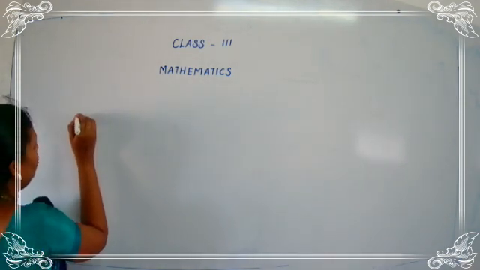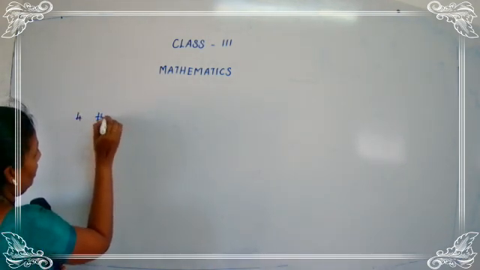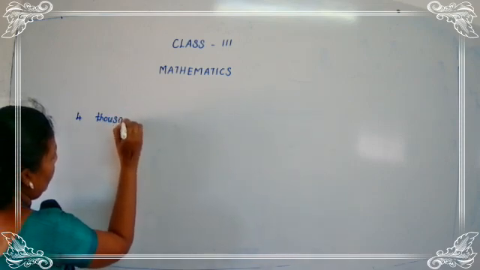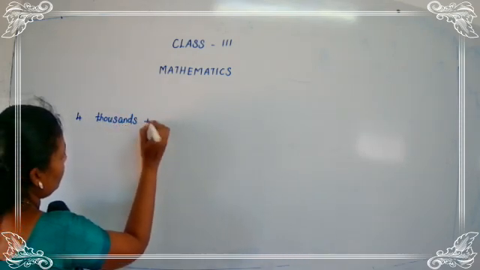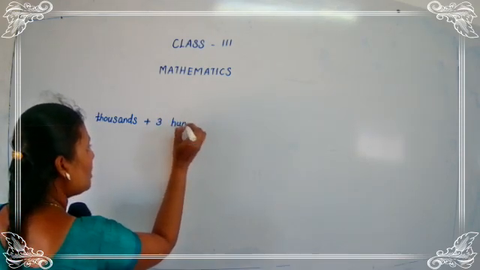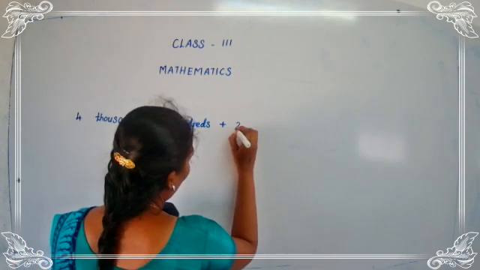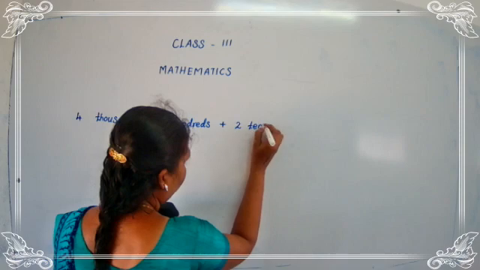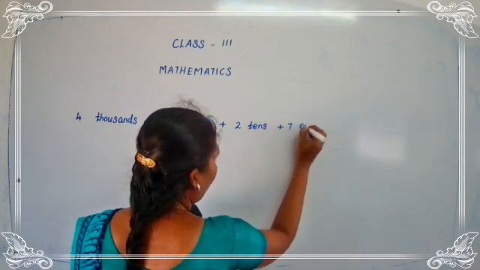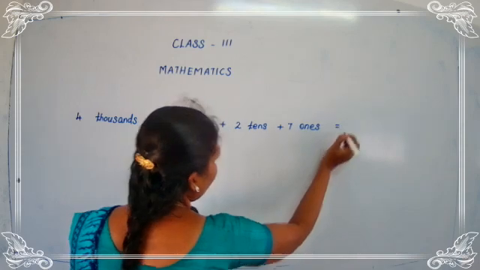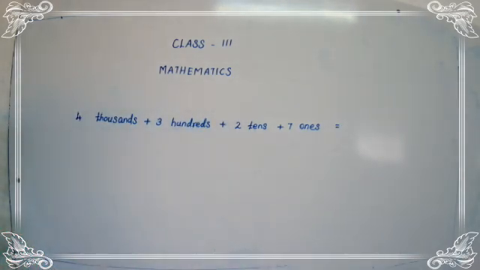Now see here: 4 thousands, 4000, plus 300, plus 2 tens, plus 7 ones.